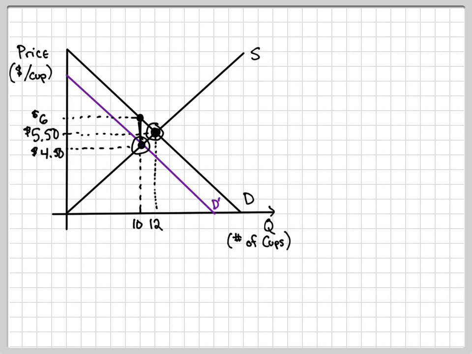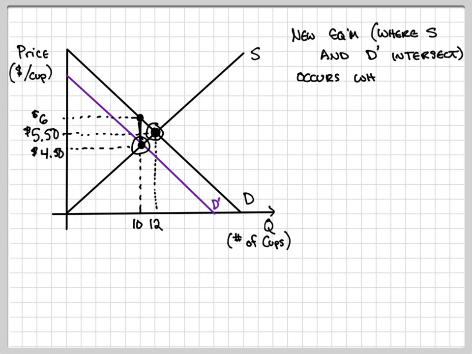So the new equilibrium here, so that's where the supply curve and D prime intersect, occurs when Q equals 10, so that's this quantity, and now we have different prices for the buyers and for the sellers.